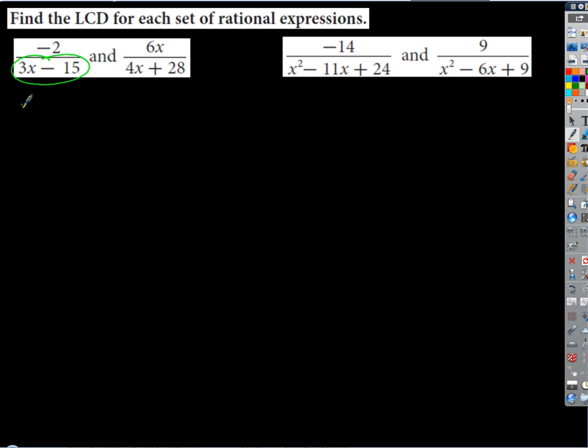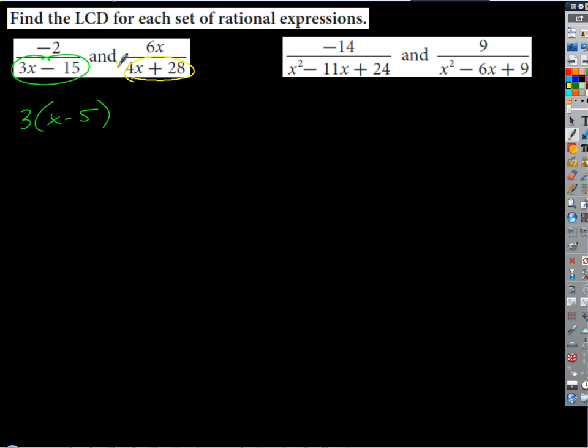Well, how am I going to factor that? I can take a 3 out. That's all I really can do here, is factor out a greatest common factor. And I have 2 terms like that, right? So we can take out a 3, and what are we left with then? X minus 5. Okay, that's as far as we can go, right? X minus 5 I can't do anything with. Okay, so there's my green denominator.